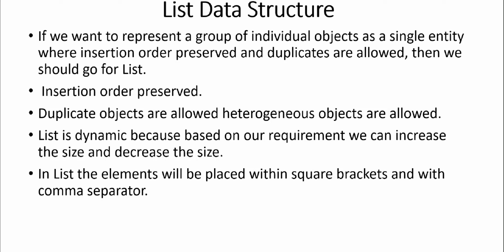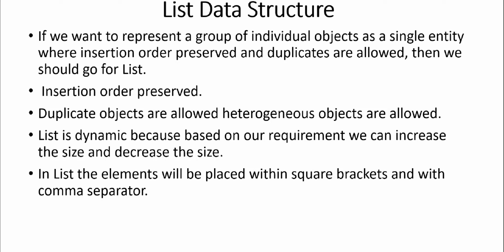So what is a list? A list means it is a collection. If you want to keep a group of items together, then you can go with a list. That means if you want to represent a group of individual objects as a single entity, where you want to preserve your insertion order, where you can allow duplication of the elements, then we have to go for list.